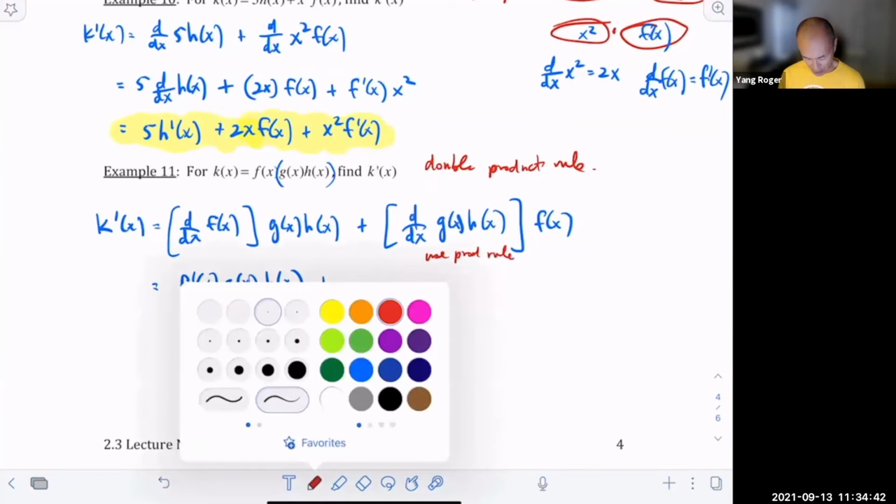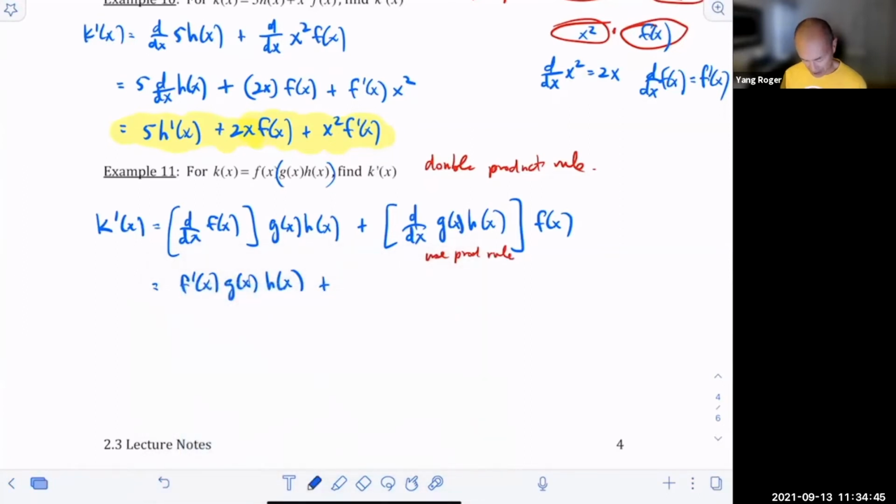When I use the product rule on that guy, it's going to be the derivative of the first thing. The derivative of the first thing is g of x, so I'm going to put g prime of x. You got to keep the second thing, so that's h of x, plus now you take the derivative of the second thing, which is h prime of x, and you keep the first thing, which is g of x, all times f of x. Are there any questions about that? No questions.